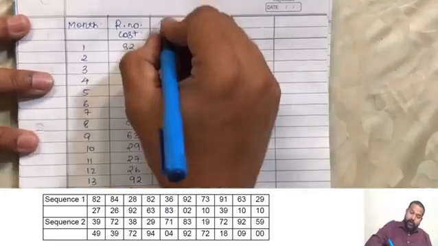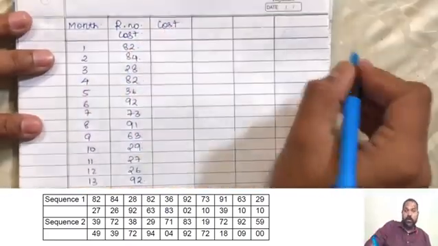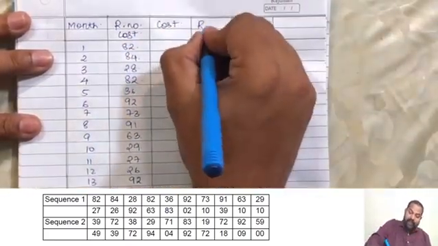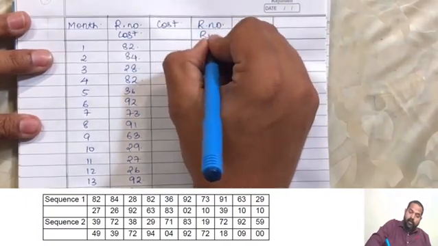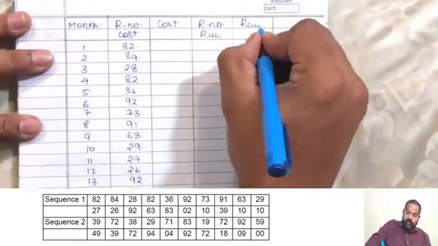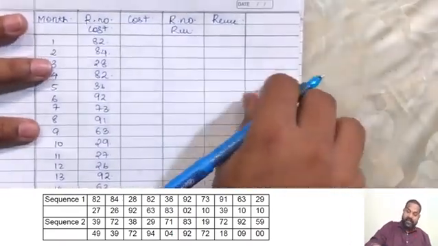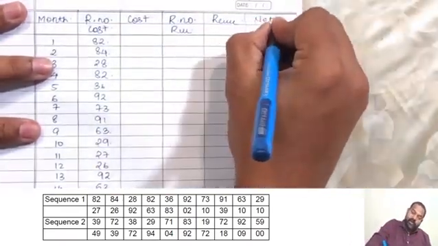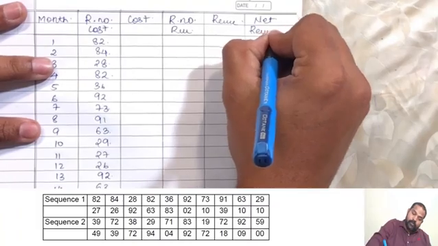So with the random number of the costs, I will estimate the cost. Then I will have random number for revenue, which will give me the revenue. And then after that, I will calculate a net revenue.